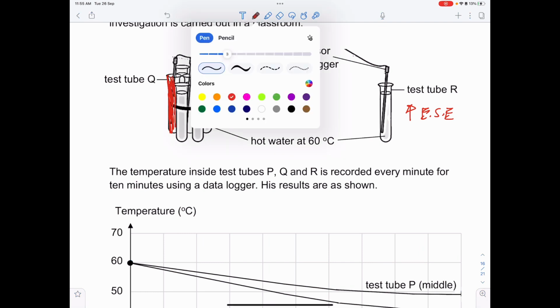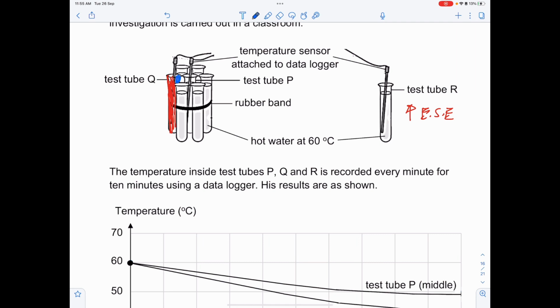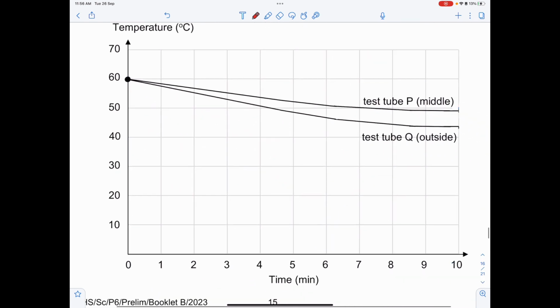The one in blue, which I'm coloring now, you cannot see, is actually still not exposed. So when you compare the amount of exposed surface area between Q and R, you know that Q has a lower exposed surface area. R has a bigger exposed surface area because in fact all the areas here are exposed and can lose heat. So the temperature for R should drop even lower.